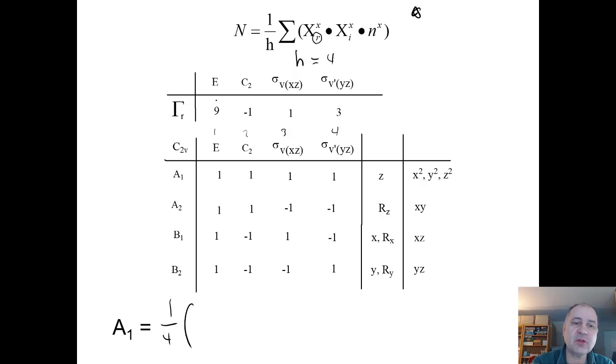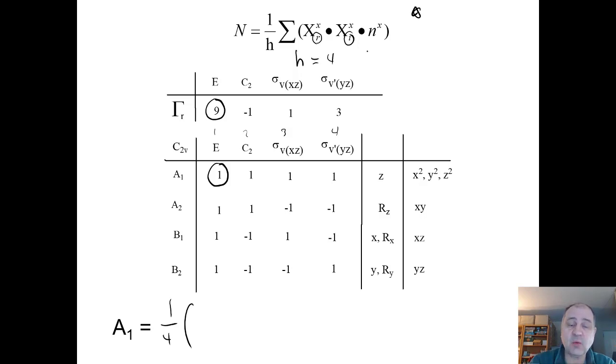So the character of the reducible representation, which is 9, times the character of the irreducible representation here, right, which is 1, times N, which is the number of operations. And the number of operations for E is 1. There's only one E. In fact, it's N for every single operation. So there's only one C2, there's only one sigma V in the XZ direction and one sigma V in the YZ direction. So that makes that easy.